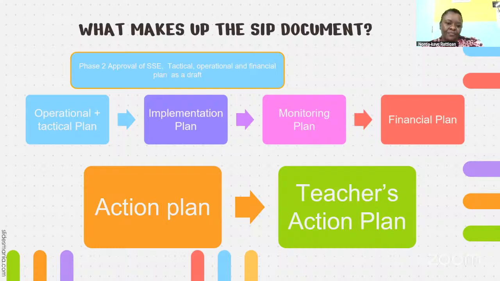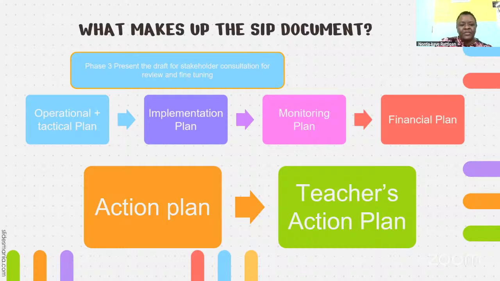And these are drafts. Now, phase three will include the presentation of this draft to the stakeholders for consultation, for reviewing and fine-tuning. So your primary stakeholders, so this would be school board, other teachers that are not a part of your SIP committee, and depending on the level that you want the consultation to take place on, you'll present this draft of your operational and tactical plan with your financial plan and also to your education officer.